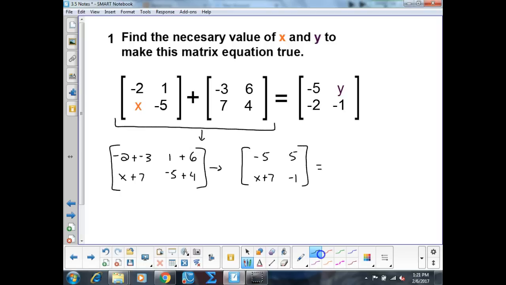And then that would equal negative 5, y, negative 2, and negative 1.